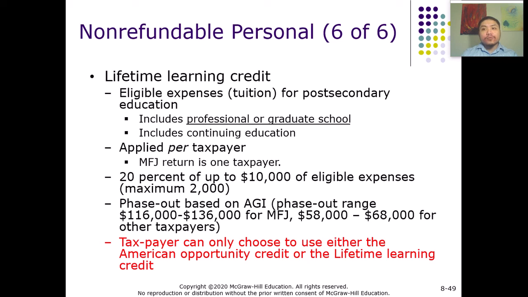If they're eligible, they can claim multiple tax credit programs. But for the programs that support education, they can only choose either one, right? Either the American Opportunity Program or the Lifetime Learning Program. Just want to point that out.